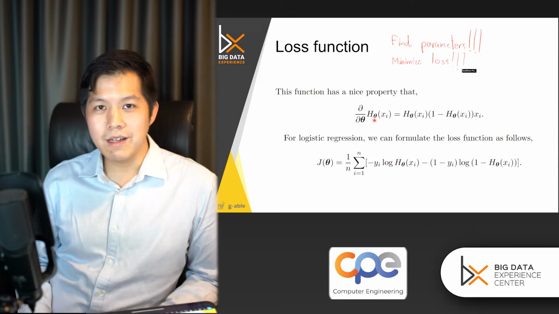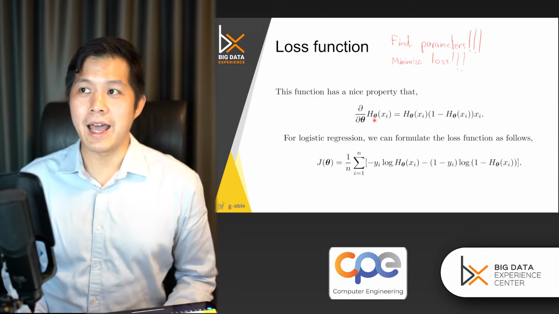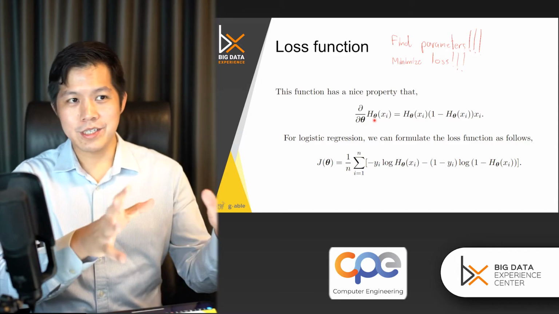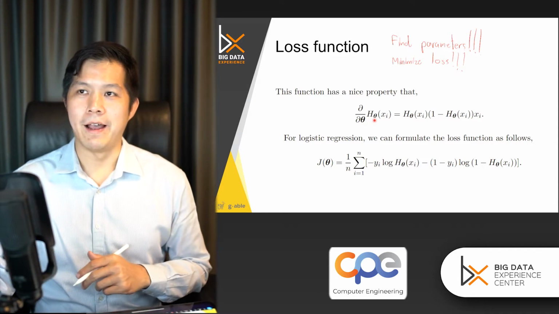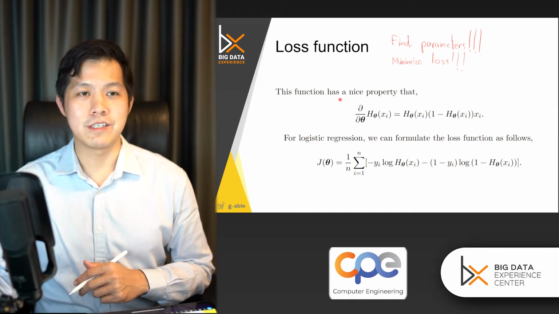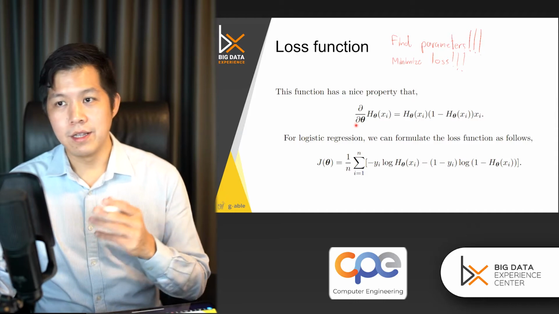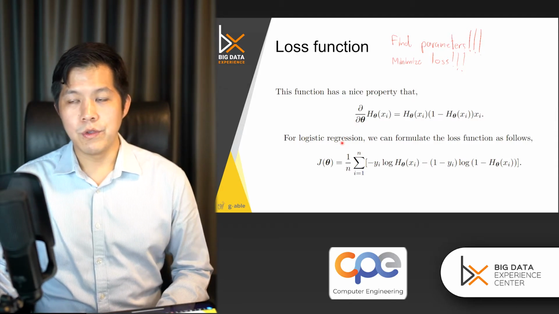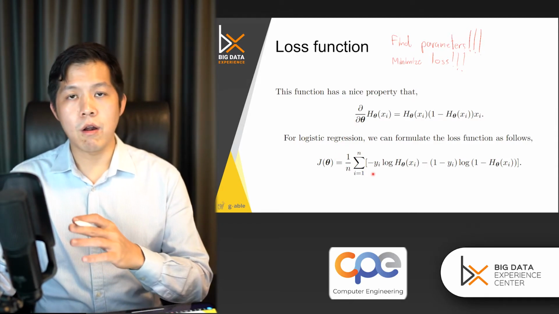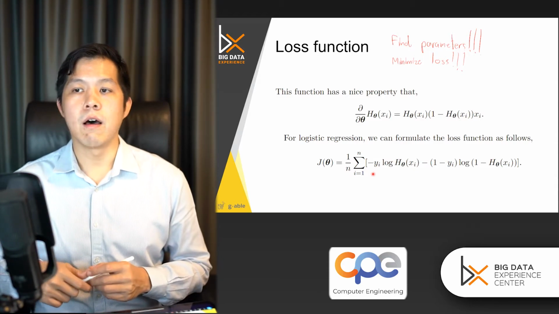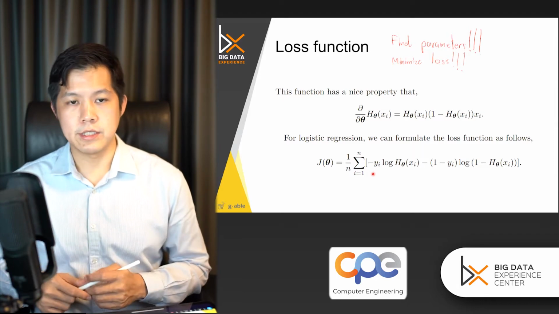We want to minimize loss and find parameters that minimize loss. So we just considered the nice property of the sigmoid, but the actual loss function is not the sigmoid function. For logistic regression, we can use the binary cross entropy to explain the loss function of the logistic regression.